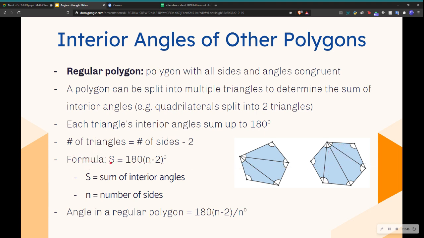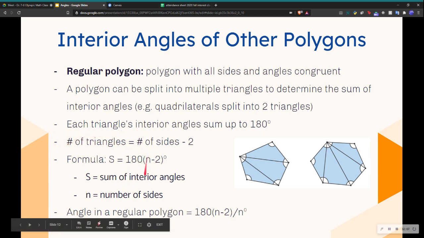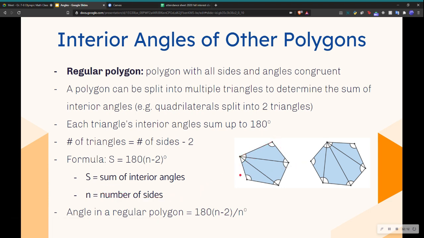So the formula for the sum of the interior angles of any polygon: S is the sum of the interior angles. This is equal to 180, from the sum of the triangle's interior angles, multiplied by n minus 2. So n minus 2 is the number of triangles we form, where n is the number of sides of the polygon, right?